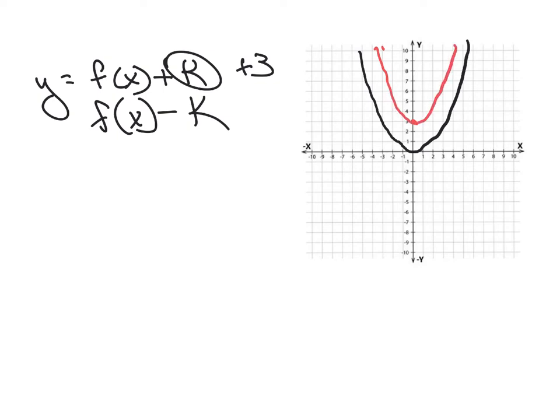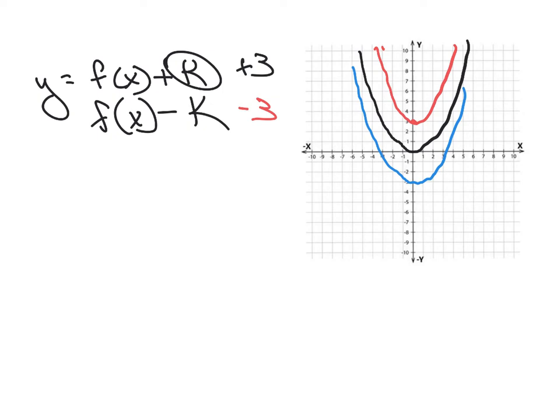It's just going to move up 3. If it was, say, minus 3, it's going to be the exact same, only it's going to go through negative 3 here. Everything else is going to be the exact same as far as its width. It's just going to be translated down or moved down, depending on what that number is.